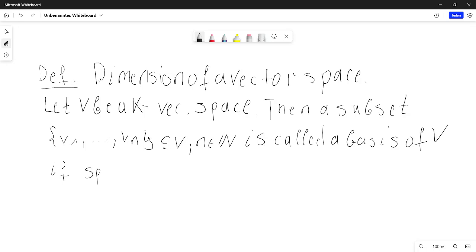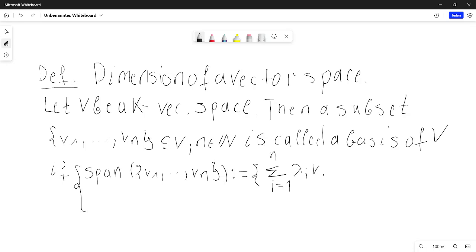two conditions. First, the span of e_1 to e_n, which is defined as the set of all linear combinations of these vectors.